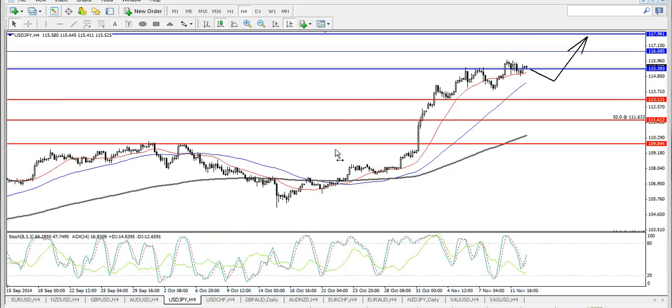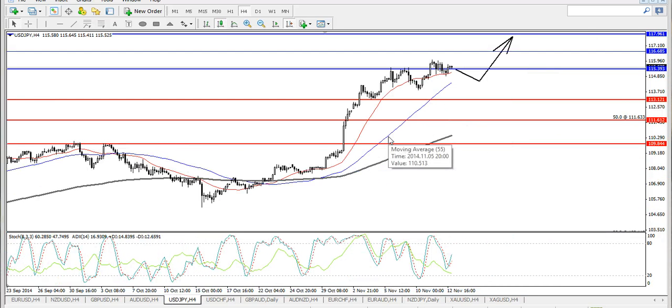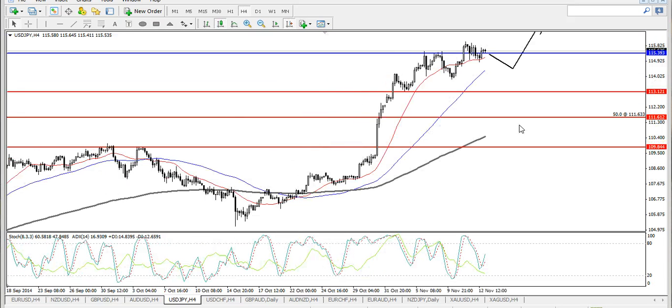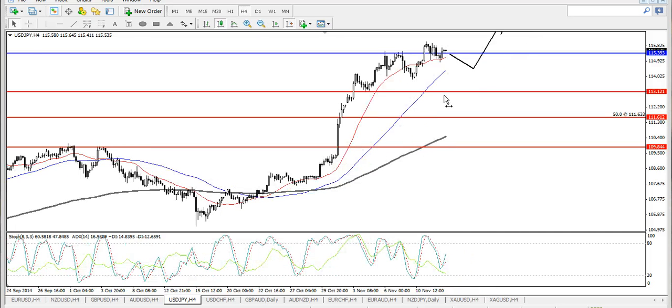And finally we have the dollar against the Japanese yen. We can see the price is not really moving that much. It's still consolidating. So basically we just want to wait for retracement over here.